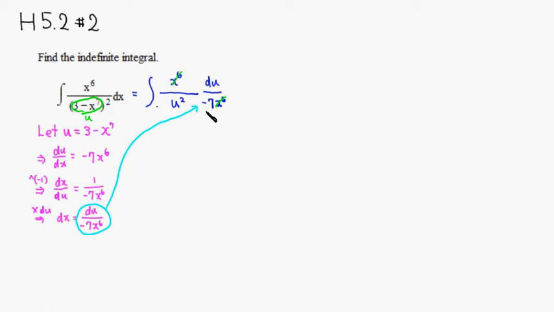Also there's a negative 7, which is just a number on the bottom, so I can place it in front. So it's going to be negative 1 over 7, which is just a constant. Then the integral of 1 over u squared, which I'm going to rewrite as u to the negative 2 power, du.